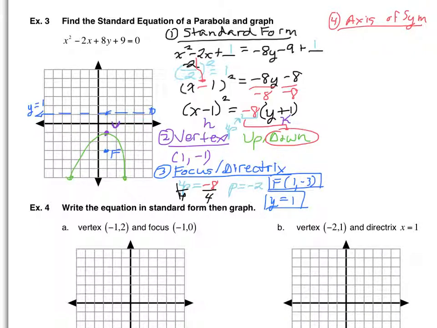So it is perpendicular to the directrix. It connects the vertex and the focus. So here it goes. What axis did that go through? x at what point? 1. So our axis of symmetry is x equals 1.